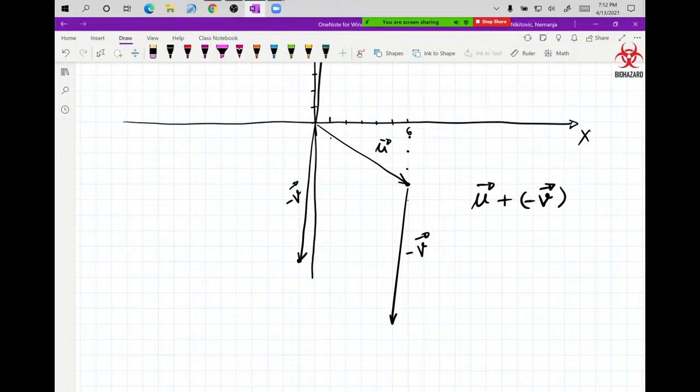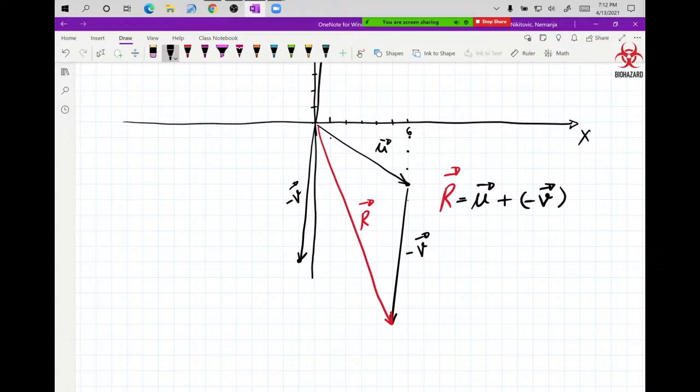And the total, which is the resultant, let's see if I can do a better job. It's a little bit rocking on my cooling pad. Resultant vector here, r, is the addition of the vector u as is and the opposite vector of vector v.